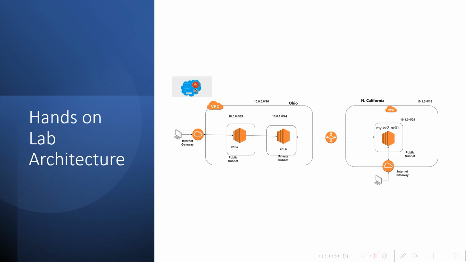Then in the North California region, in one public subnet, I will be deploying one EC2 machine and assigning a public IP to it. Then I will be doing SSH, then connecting to EC2B using the private IP, so that you will feel it is part of the same network, not part of a different network. So let's jump into our lab today.